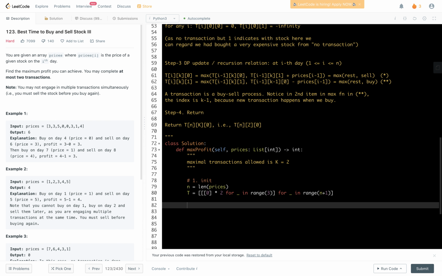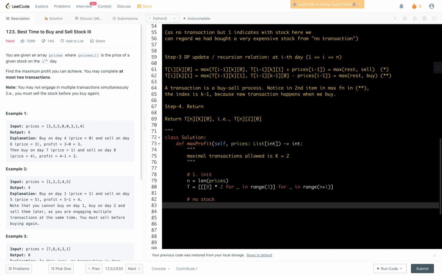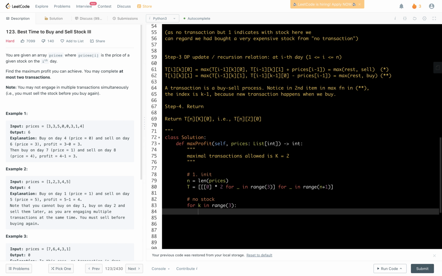And for the initialization, we're going to consider 2 situations. First is the no stock case. In other words, at day 0. Again, we are using one indexing for the days, so days start from the first day. So at day 0, we set for all the k's: for k in range 3, t naught, the 0th day, k, 0.